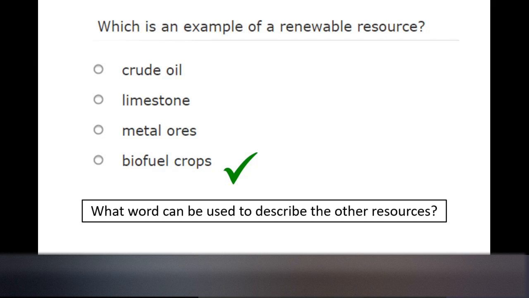What word can be used to describe the other resources? Okay, I'm seeing a couple of different answers. So when we're talking in chemistry, we're more likely to describe these as finite resources.